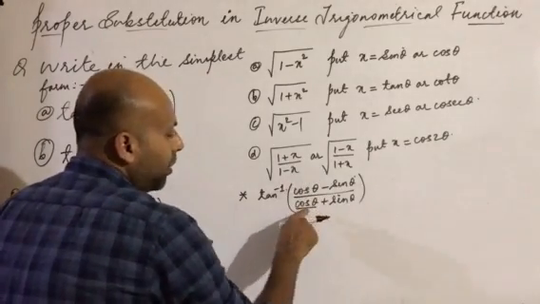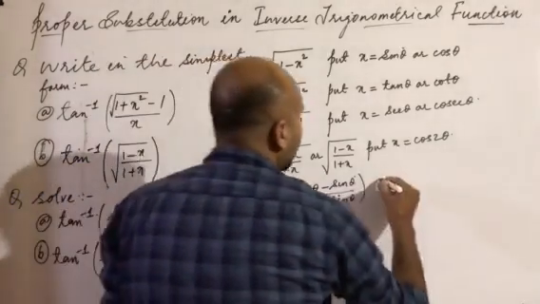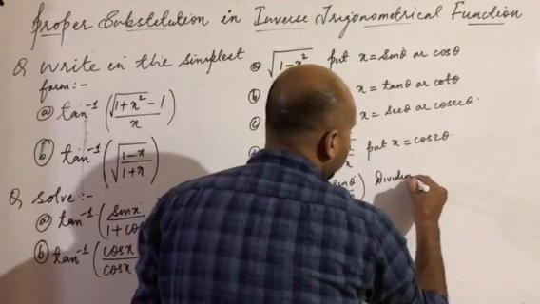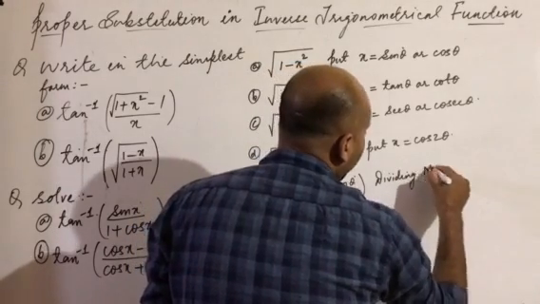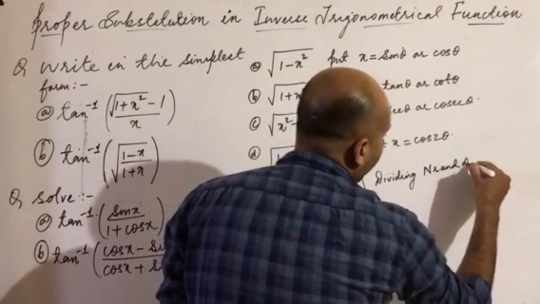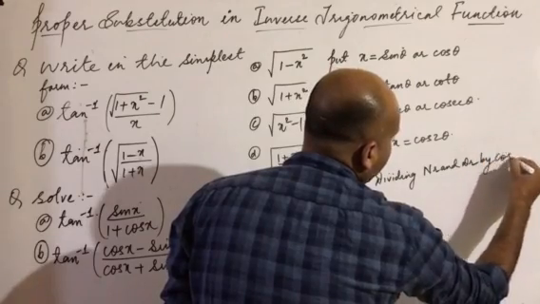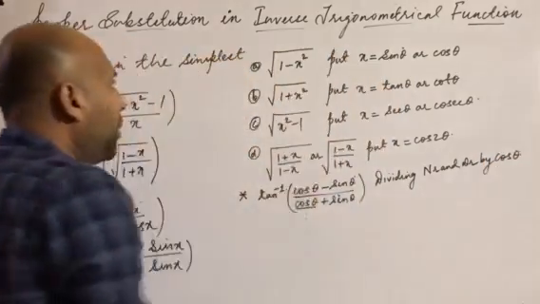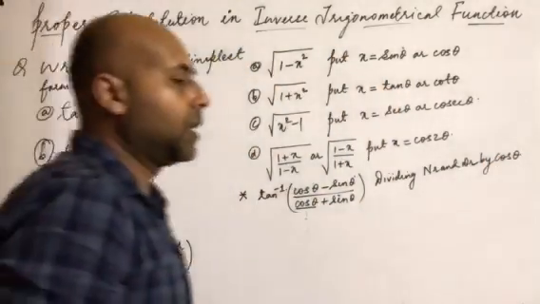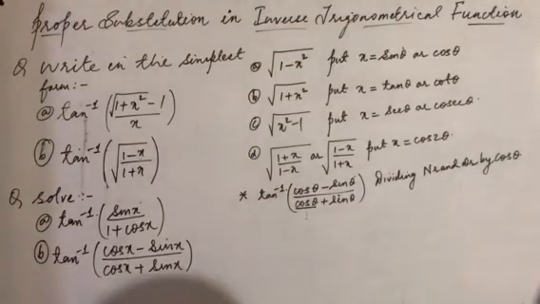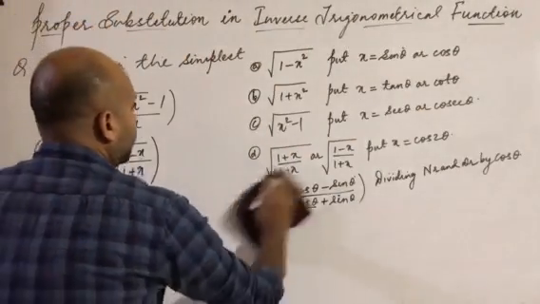And to make this term 1, you have to divide both by cos theta. So you are going to divide numerator and denominator by cos theta. These are the few important tricks that you should remember while solving the sums based on substitution. So let's start with the first sum.